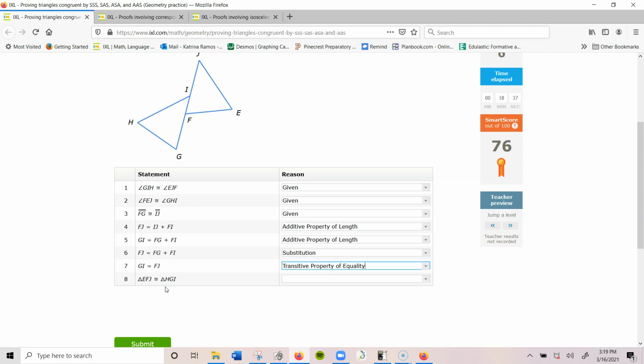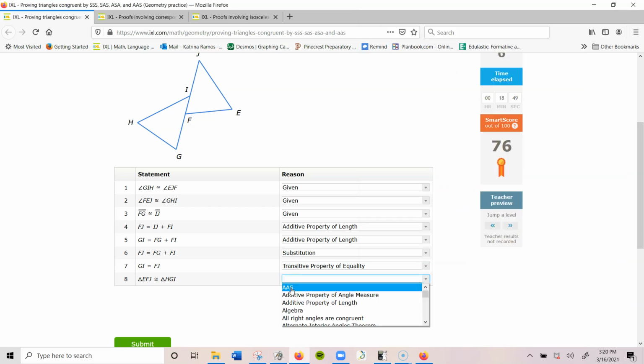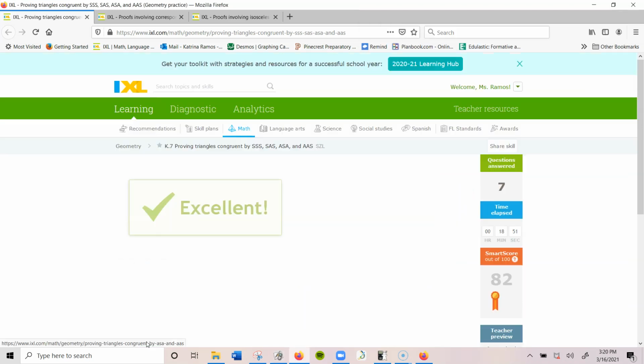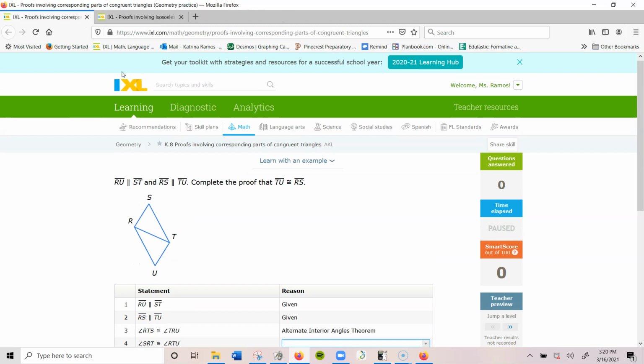Now, how do we know that these two are congruent? If I look here at my diagram, I have it marked. We have angle, angle, side. Okay, we're going to stop here and move on to the next one.